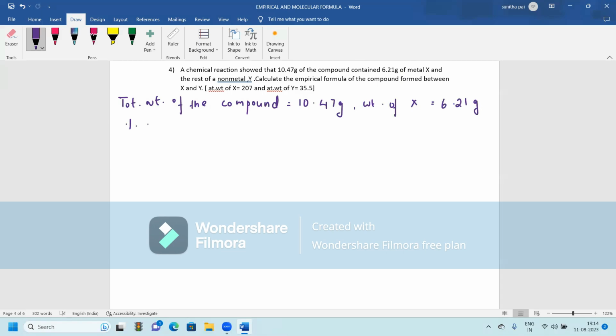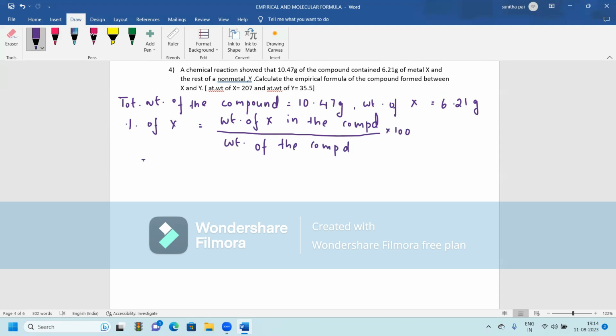So the percentage of metal X will be the weight of X in the given compound divided by the total weight of the compound into 100.